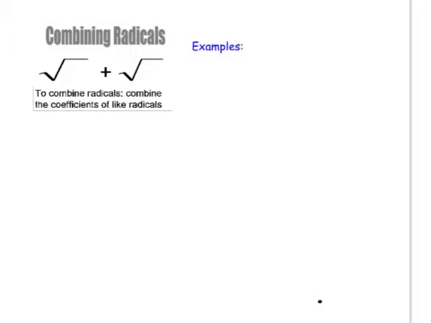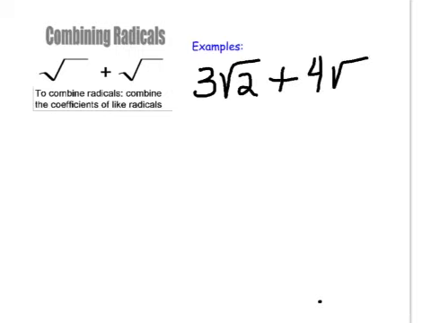All right, now we're moving on. We're going to add and subtract radicals. So look right here. It says to combine radicals, you have to combine the coefficients of like radicals. The only way you can add them is if the number under the radical is the same number. So let's start with something easy. Let's say you have 3 square root of 2 plus 4 square root of 2.